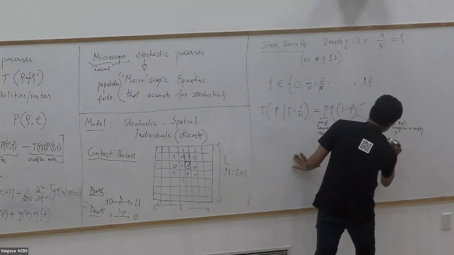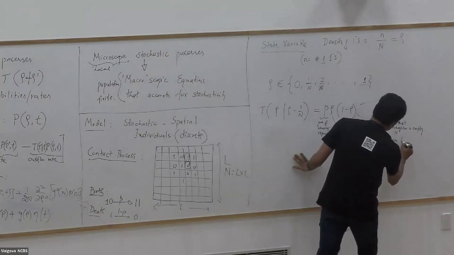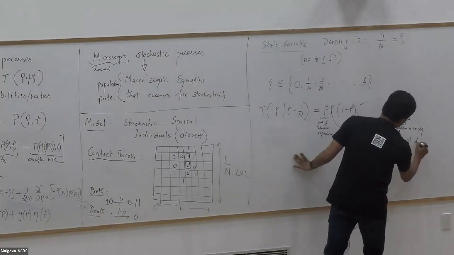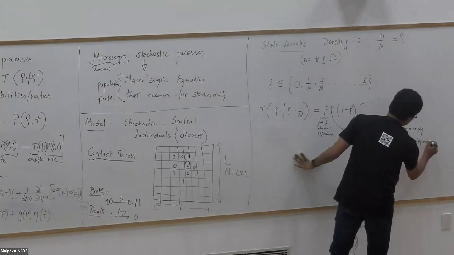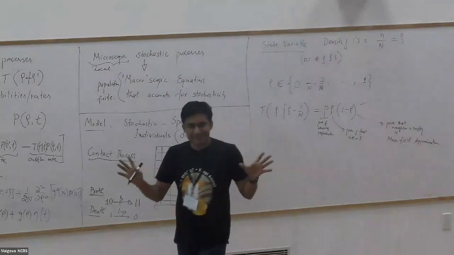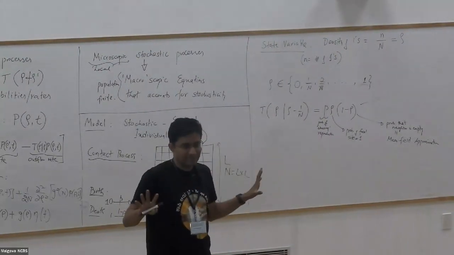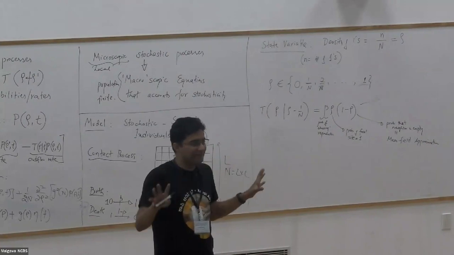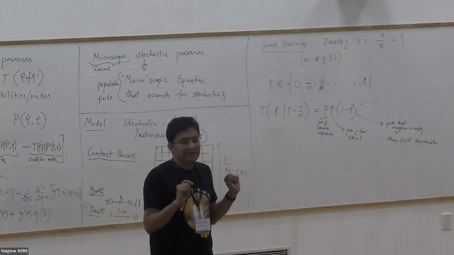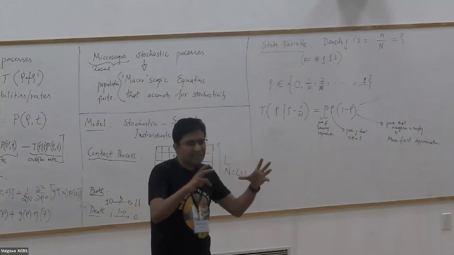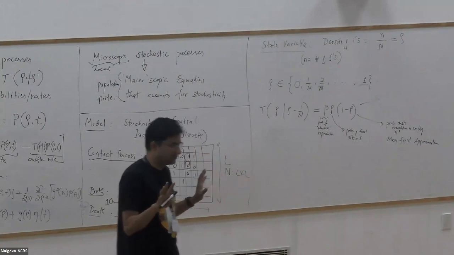So this is true under an approximation called mean field. What does it mean? It basically means that my system is sufficiently well mixed. So ones and zeros are sufficiently well mixed that the spatial configurations do not really matter.